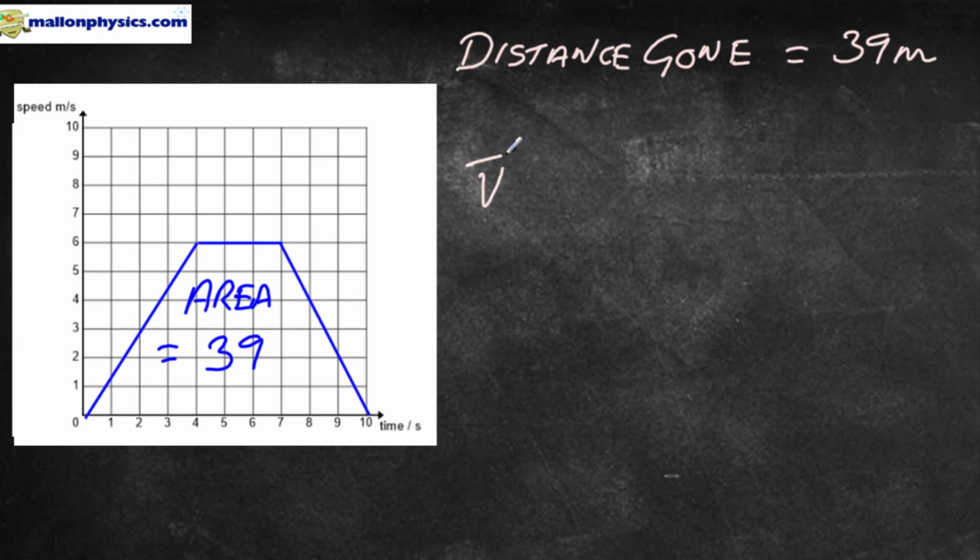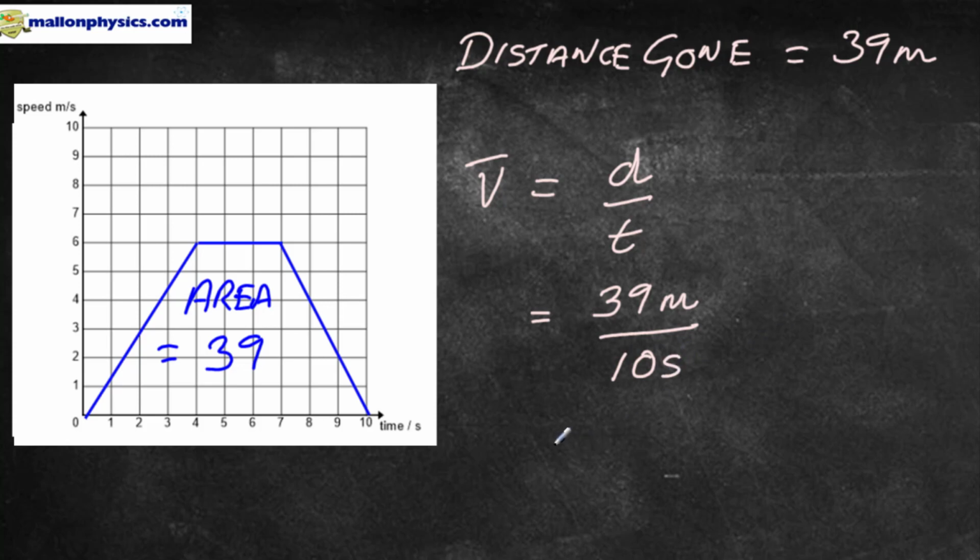The average speed over the course of the journey is going to be equal to the distance gone divided by the time. So we're going to have the distance gone to be 39 metres, and we'll divide that by the time of the journey, which is going to be 10 seconds. So that's going to give us an average speed of 3.9 metres per second.